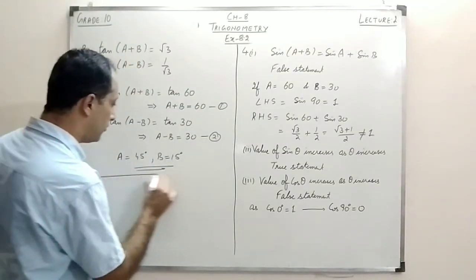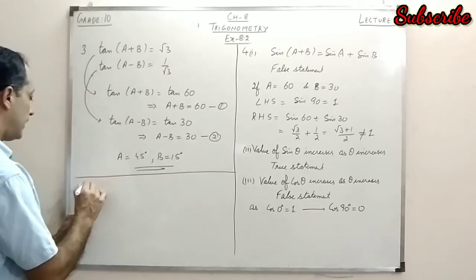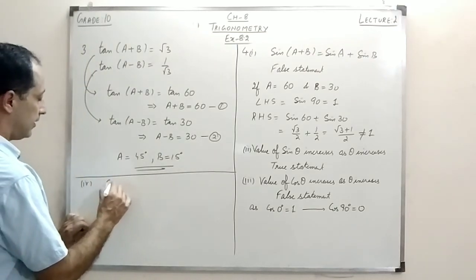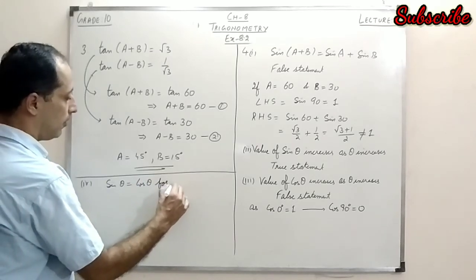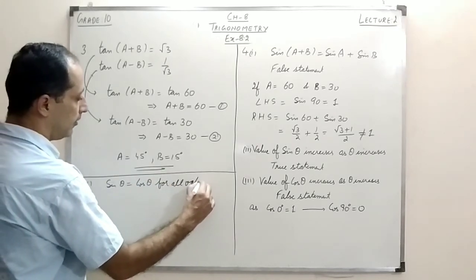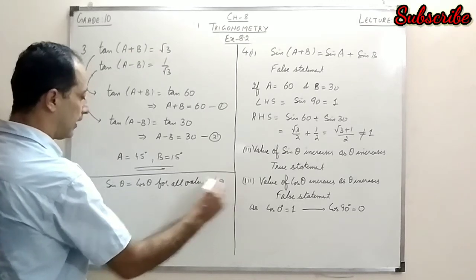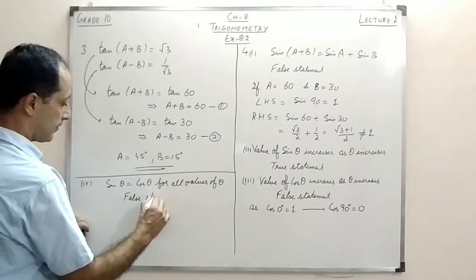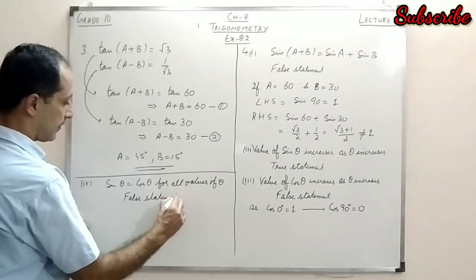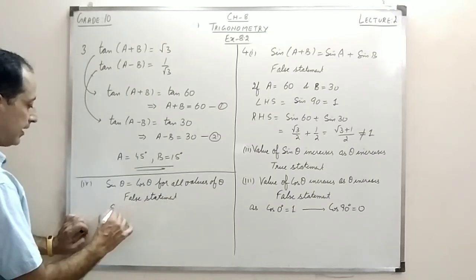Now let's go to the fourth part. It says sin theta is equal to cos theta for all values of theta. Again, it's a false statement. Why false?